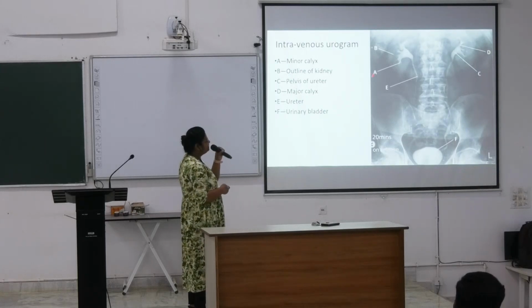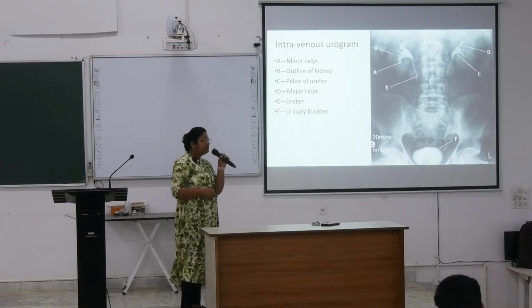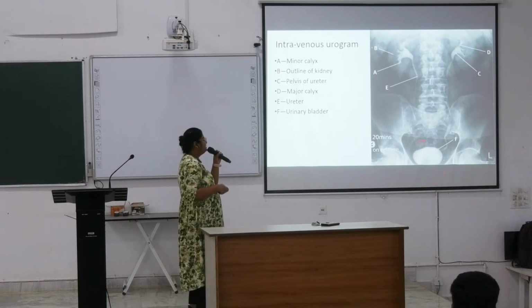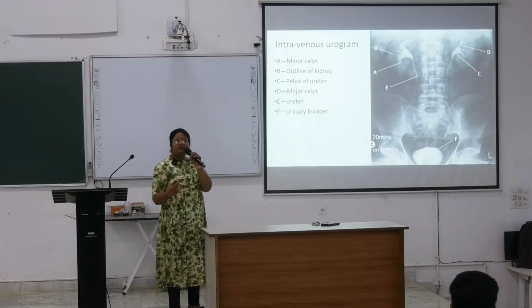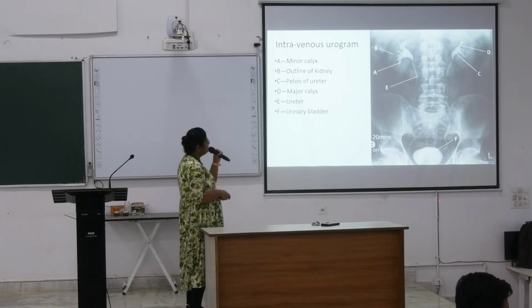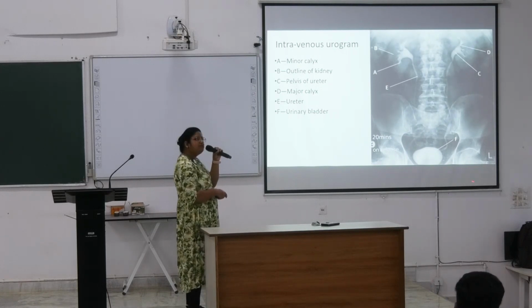Next, this is the intravenous urogram, a clinical aspect. In the retrograde method, a dye is pushed through the urethra into the urinary bladder, and the dye extends upward towards the pelvis of the ureter. And you can see the pelvis, the major and minor calyces, the ureter and the urinary bladder.